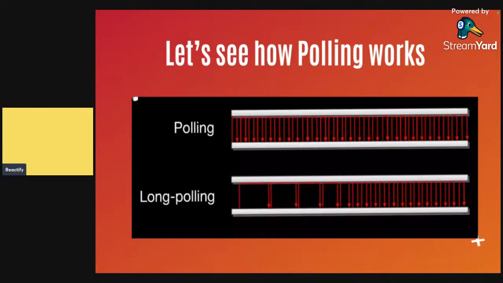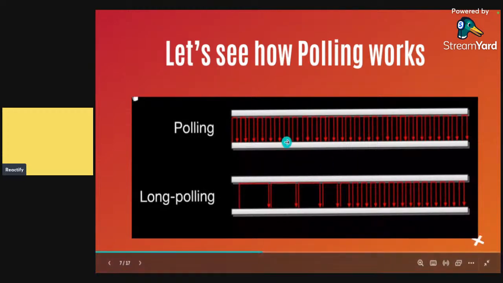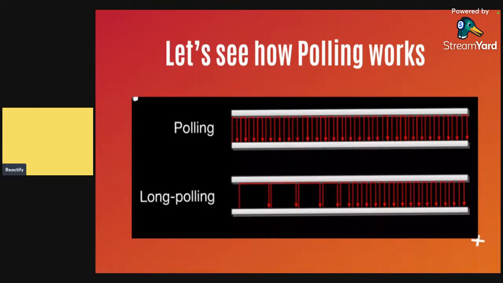Polling is nothing more than calling the API after a certain interval of time. So we are again and again following this request and response cycle after a certain interval. You can see here that in a short interval of time, we have called the API numerous times.